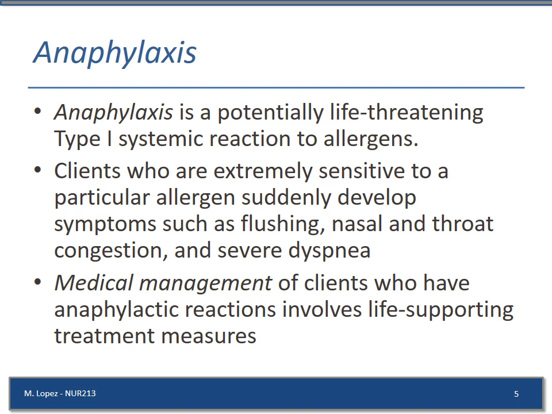Now, patients who are extremely sensitive to a particular allergen, and those examples could be shellfish or chocolate, antibiotics, and certain types of nuts, these patients can suddenly develop symptoms such as flushing, nasal and throat congestion, severe dyspnea, and this can lead to respiratory failure and severe hypotension and death.